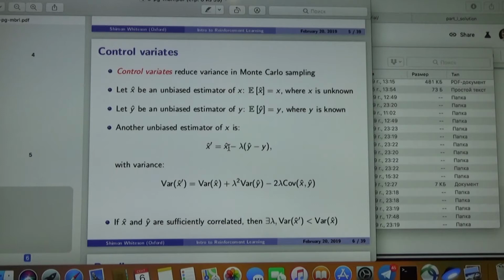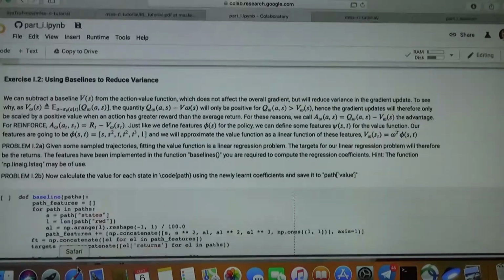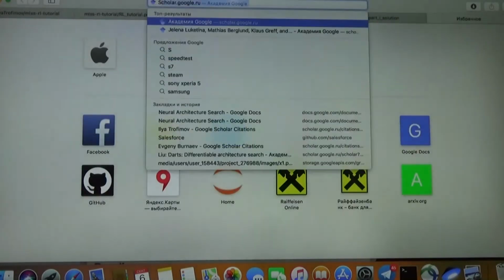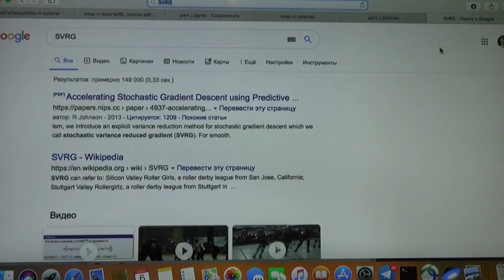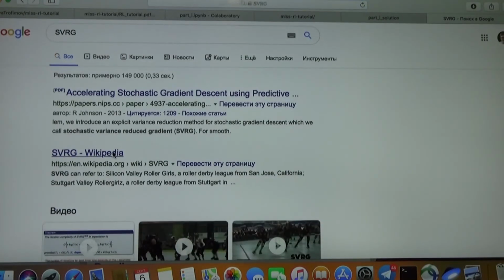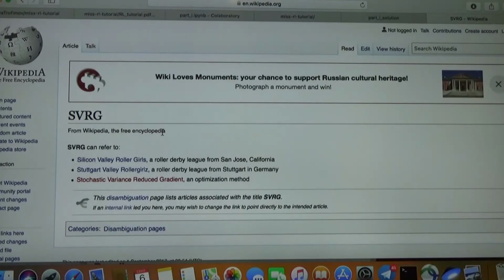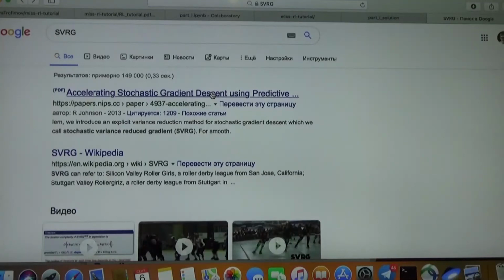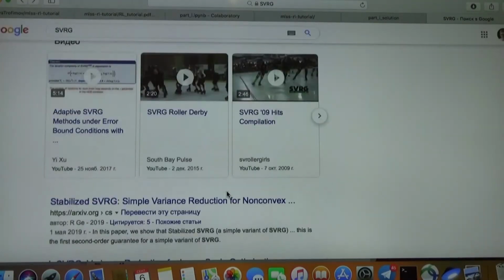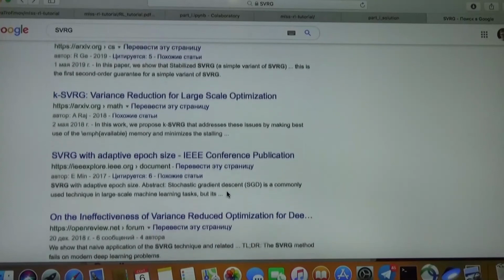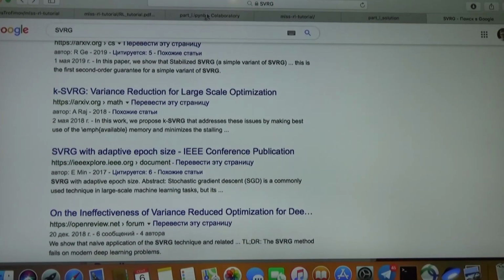Maybe you are familiar with the optimization method called SVRG, stochastic variance reduced gradient. It is based on exactly the same idea, how to reduce the noise of the stochastic gradient. It is just an interesting method, and you can read about it further after the lecture if you want.